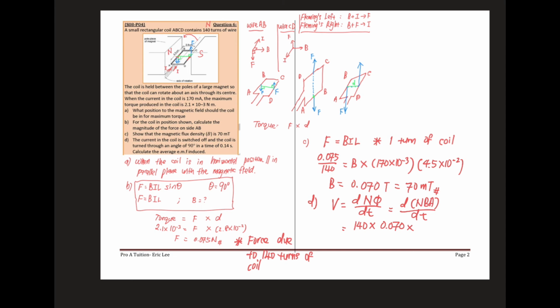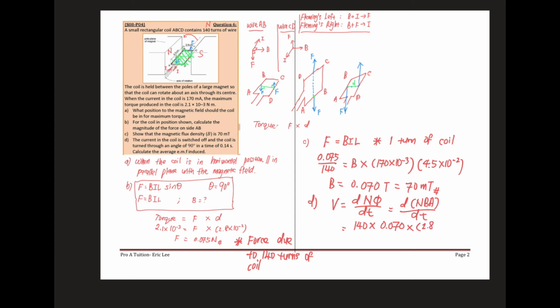So when it turns 90 degrees, the area will be this area, the one that I put in green color. You know, it turns 90 degrees, right? So it will be that area there, which is 2.8 cm times 4.5 cm.